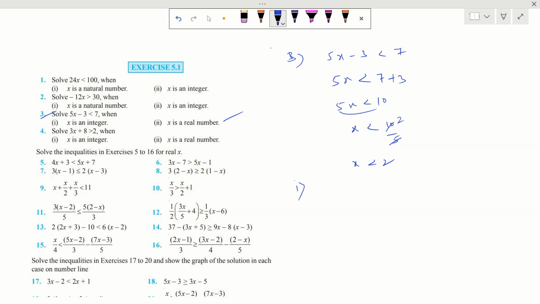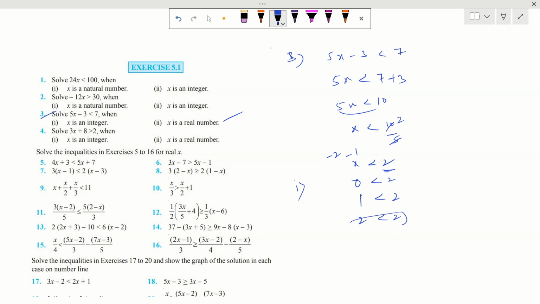For the first case, x is an integer. So x is an integer means all negative numbers are included. All negative numbers, minus 1, minus 2, are less than 2, so all negative numbers satisfy the inequality. Zero is also less than 2, and 1 is less than 2, but 2 is not less than 2.